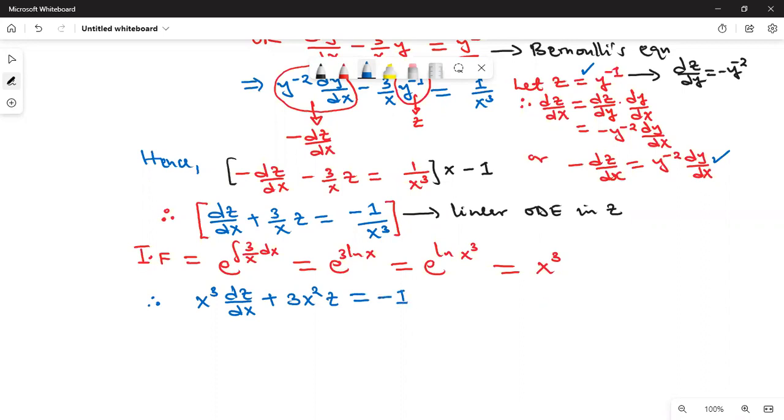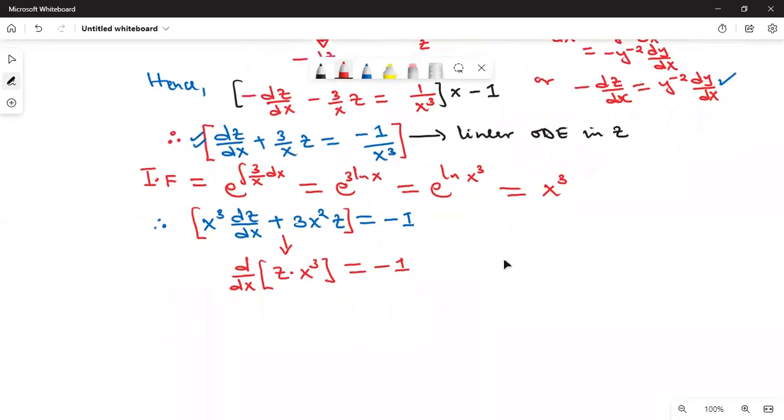I have multiplied this equation by the integrating factor, which is x cubed. So look at the left-hand side. You see this can be grouped as a product. So this is the derivative with respect to x of the product of the dependent variable, which is z, and the integrating factor, which is x cubed. And so this should be able to give us negative 1.